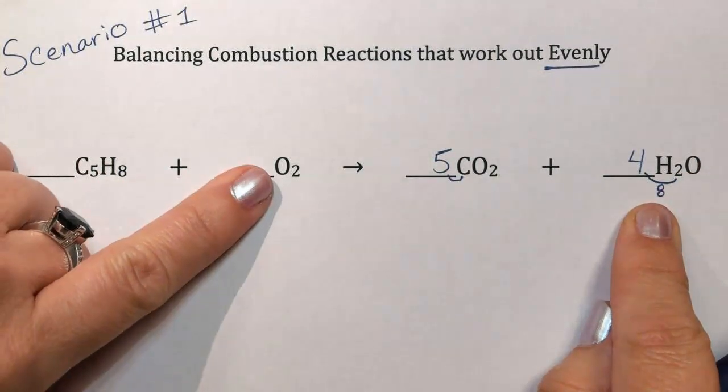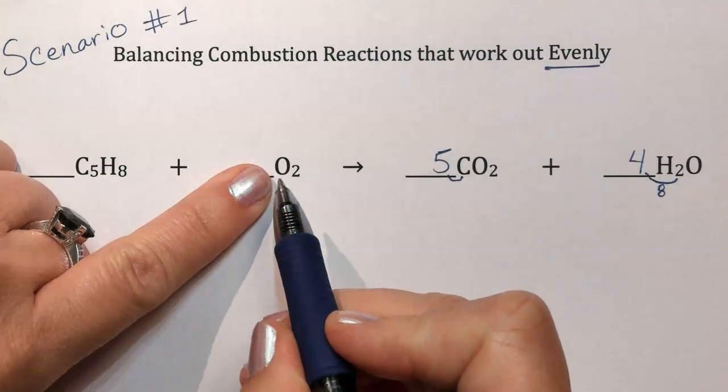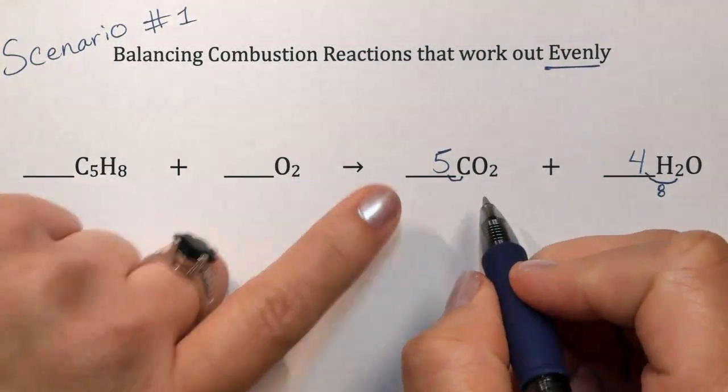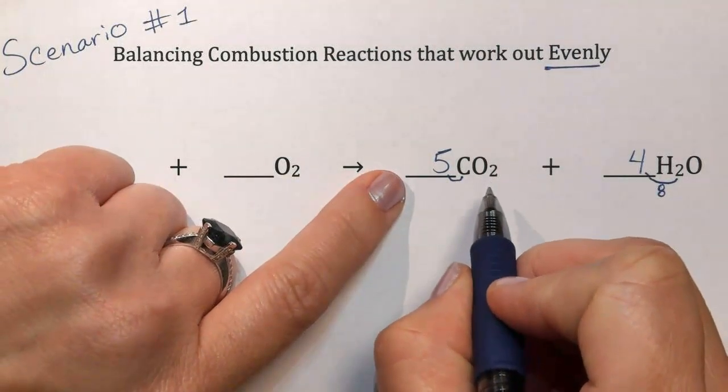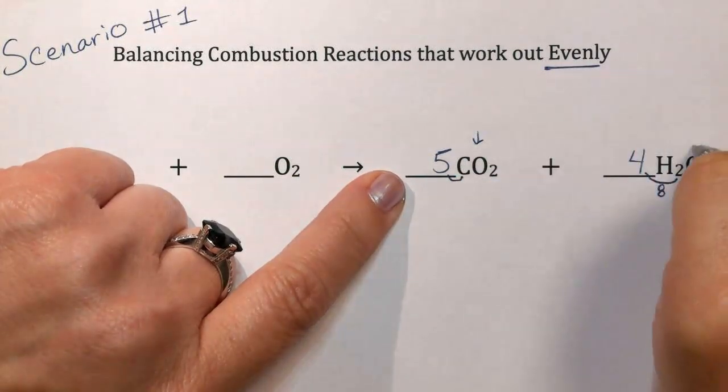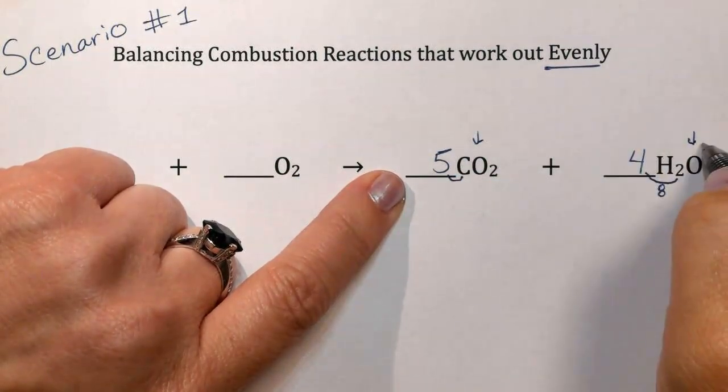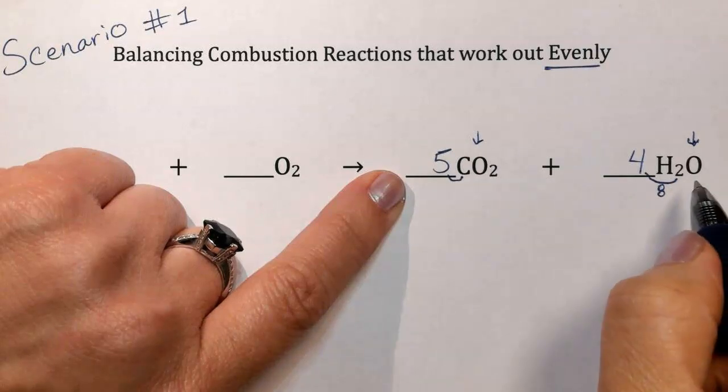Now, there are 2 oxygens on the left side of the equation. On the right side, we have oxygen in 2 different locations, here and here. So we're going to have to add all of these oxygens together.